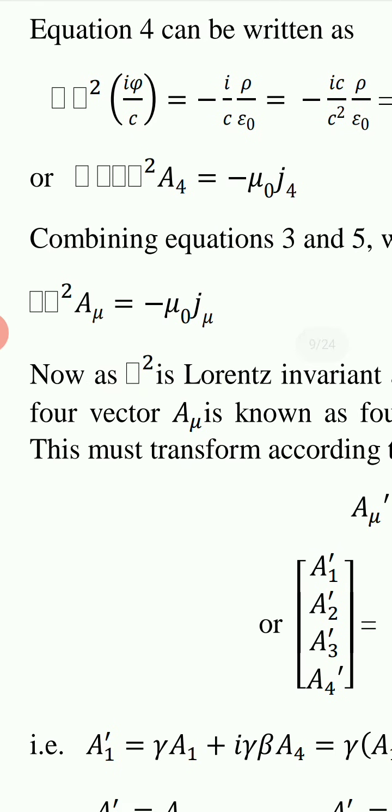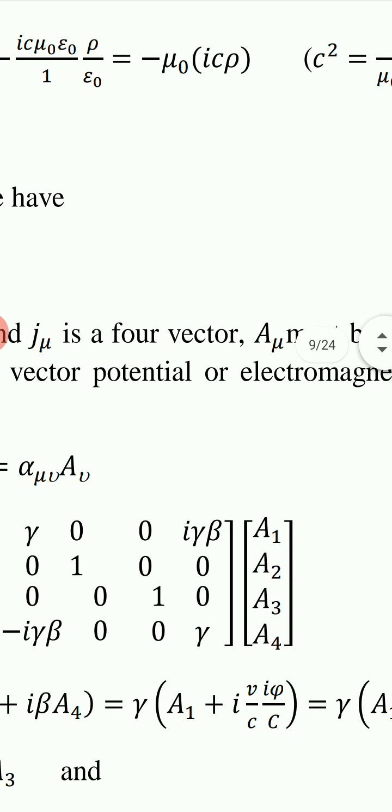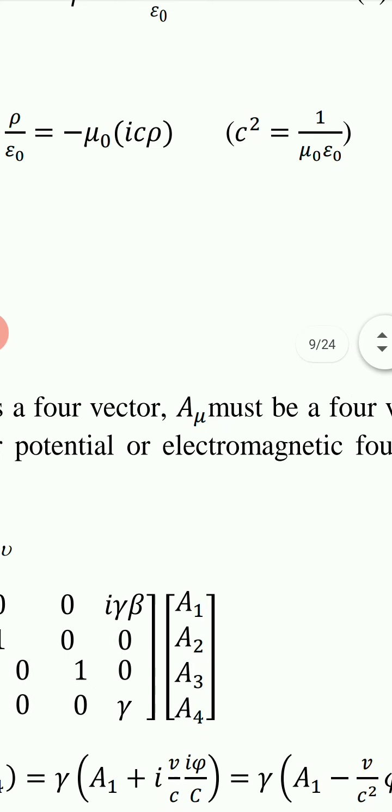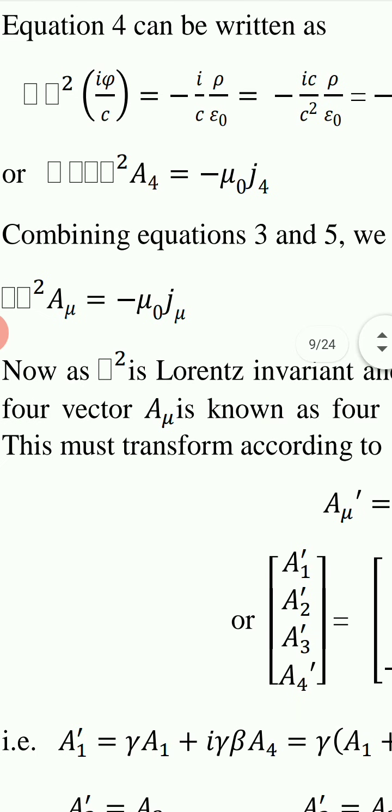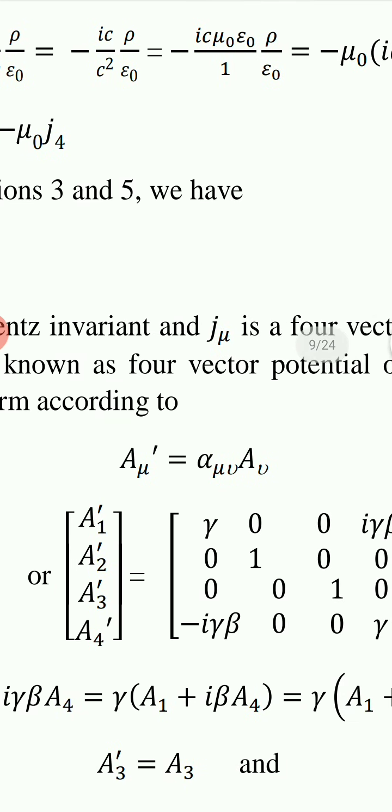Now A mu is a 4 vector potential or electromagnetic 4 potential. It must transform under Lorentz transformation according to A mu dash equal to alpha mu nu A nu.